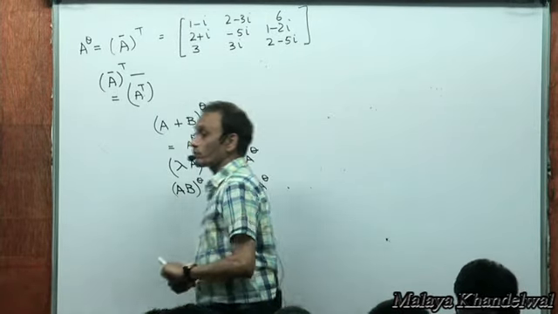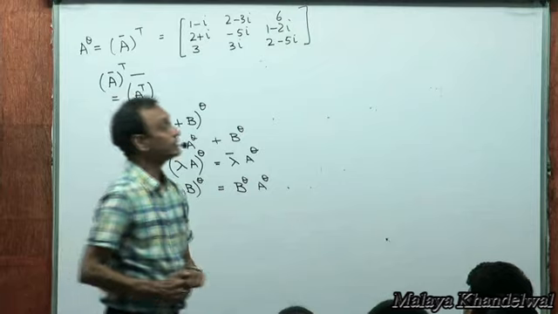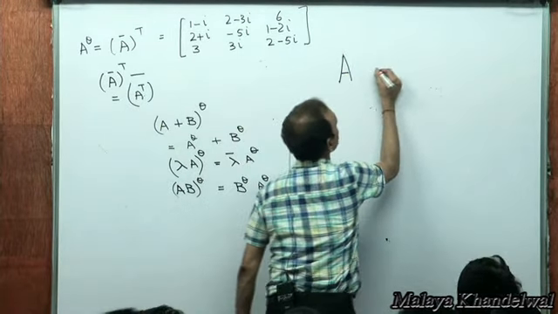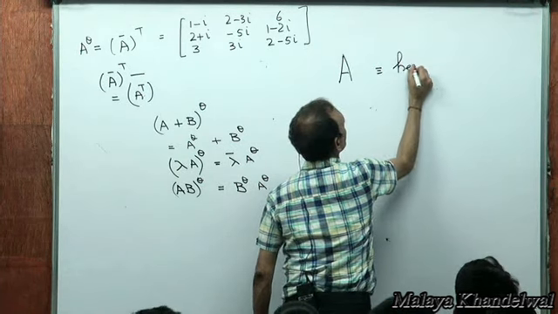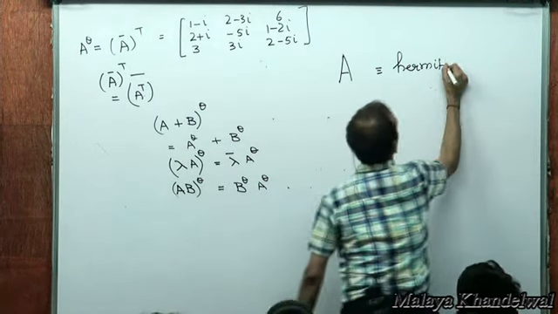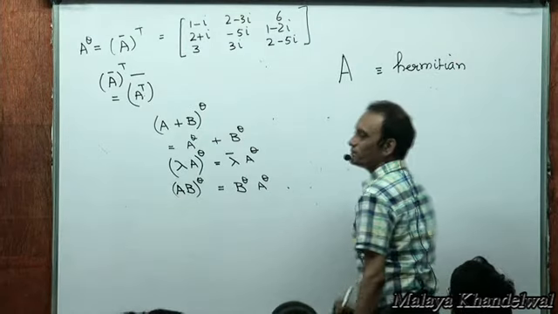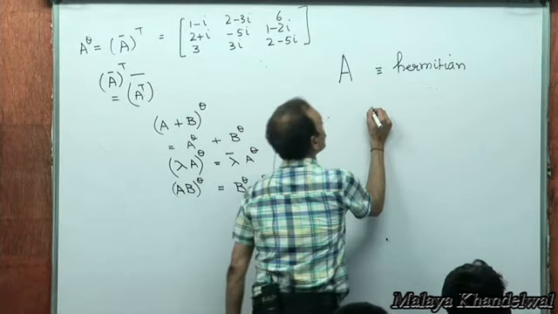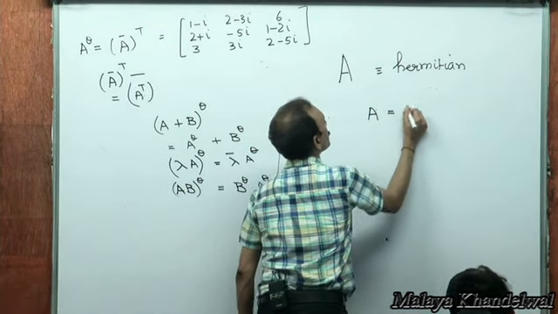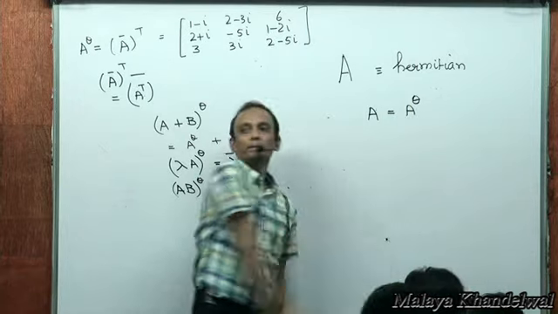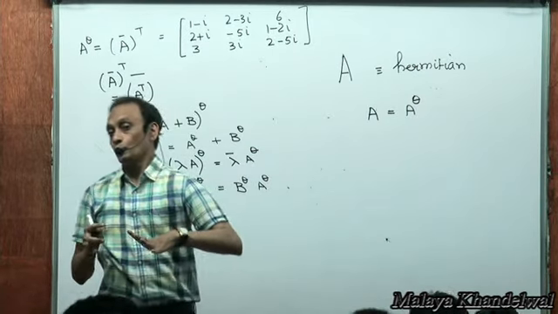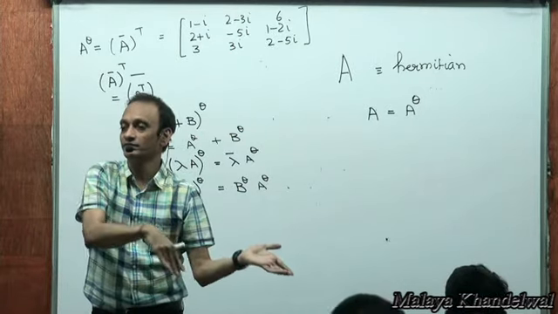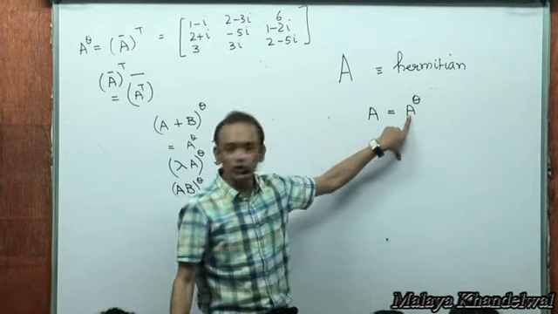Now, I define certain matrices A as Hermitian matrices. A is a Hermitian matrix if A is the same as A theta. That means when you take the conjugate and transpose, you get A. What are you doing here?